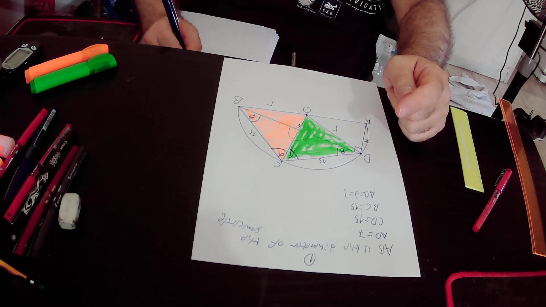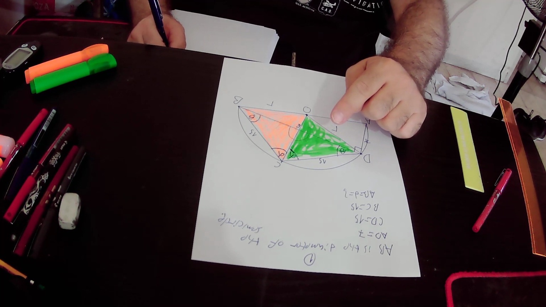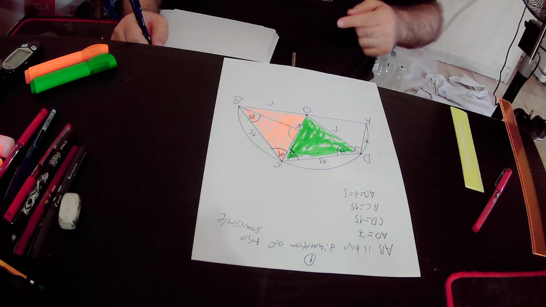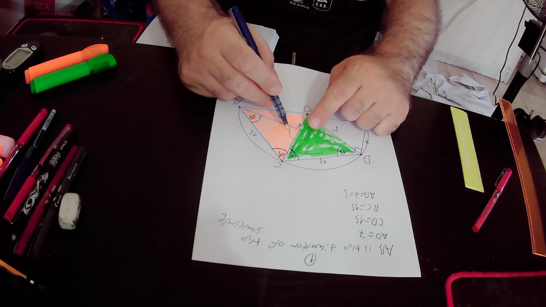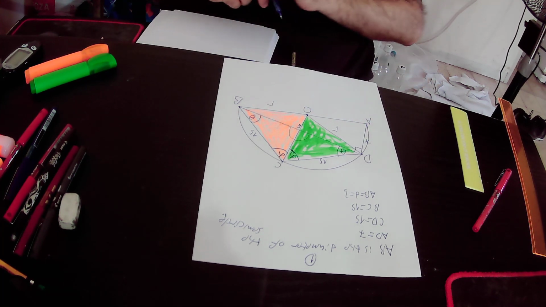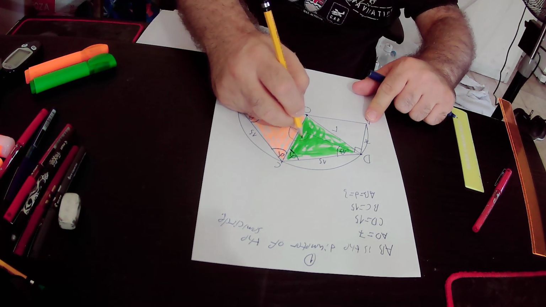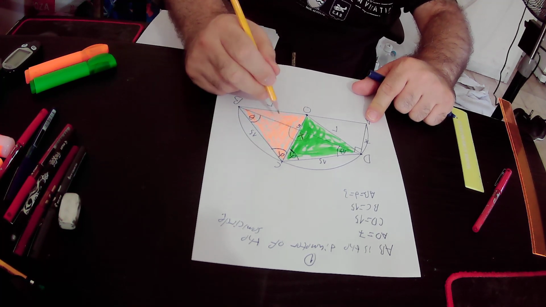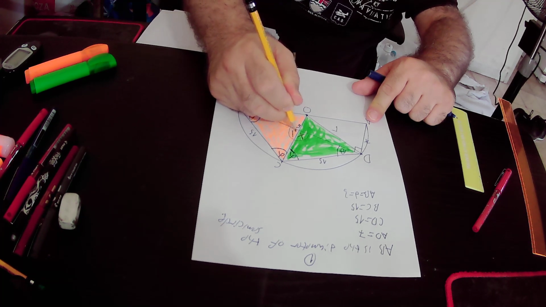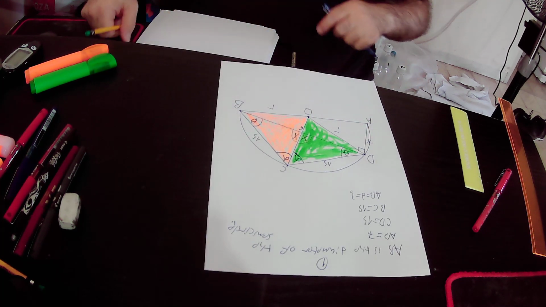So angle DEC of the green triangle equals angle BEC of the orange triangle according to the rule that corresponding angles in congruent triangles are equal to each other. So if we define angle DEC as x, then angle BEC also will be equal to x, because those angles are equal to each other.